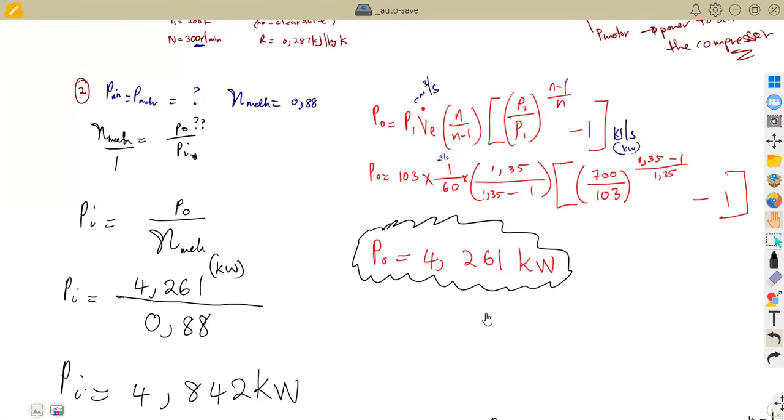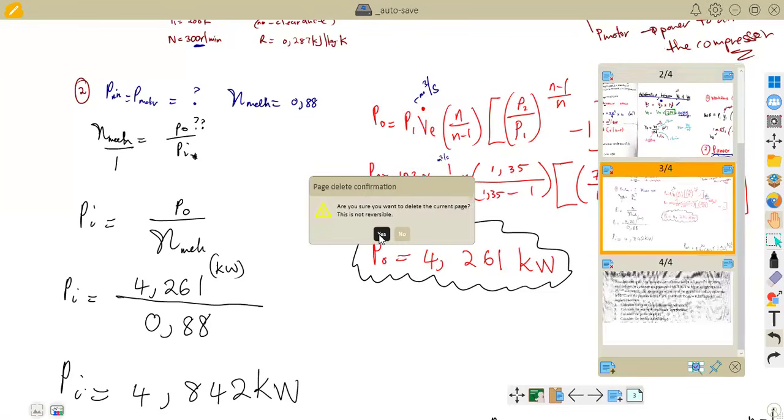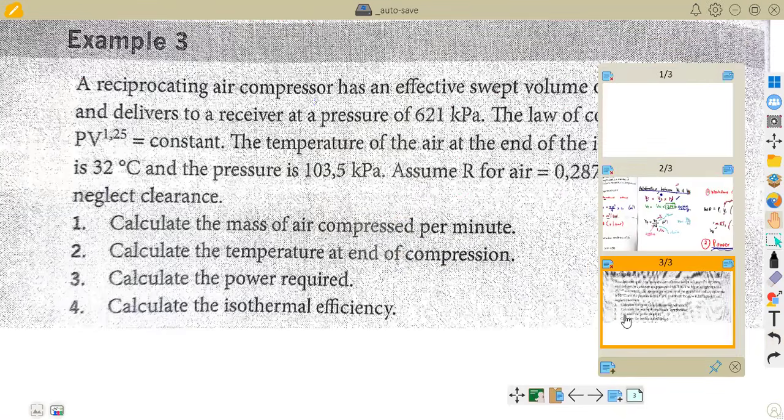That's the idea. So this is not enough. Like I said, you need to understand the concept of these efficiencies. You just need to know your basics. If you know your basics, then you're done.